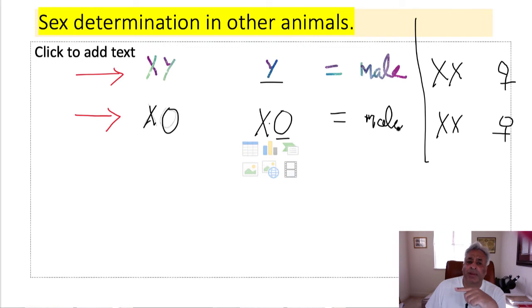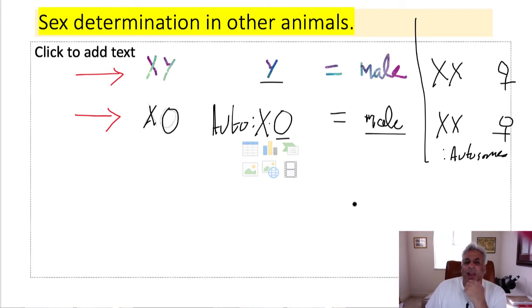So that's important down here too. In us, it's not important, right? It doesn't work that way. But in these XO creatures, these animals, it does work that way. So what you're looking at is how many X's do you have to your autosomes, right? So if you have only 1 X to your autosomes, you'll be a male. If you have 2 X's to your autosomes, you'll be a female. There you go. That's all it takes.